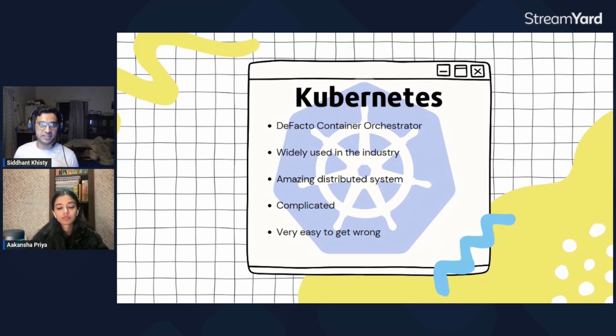But Kubernetes is also very complicated and it's quite easy to get wrong. You might type one single letter the wrong way in the Kubernetes configuration files, and you might have just opened up an entire range of security errors or performance issues.